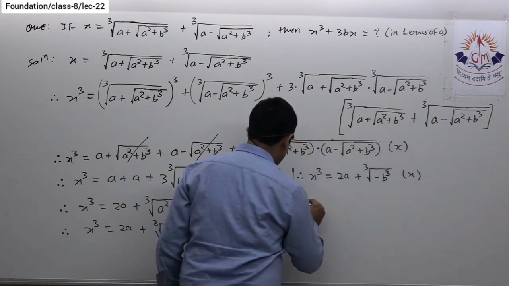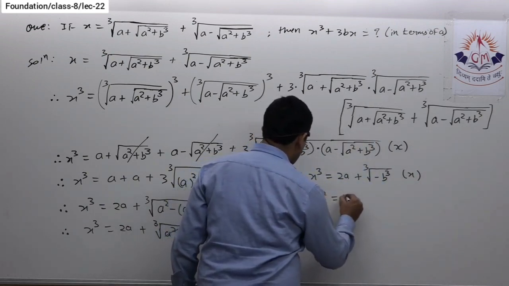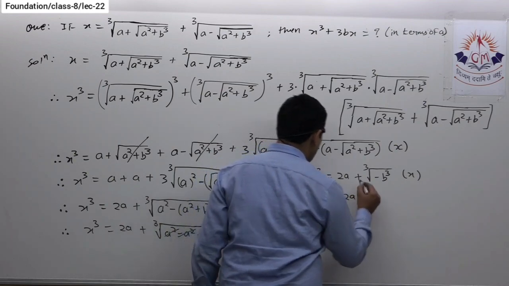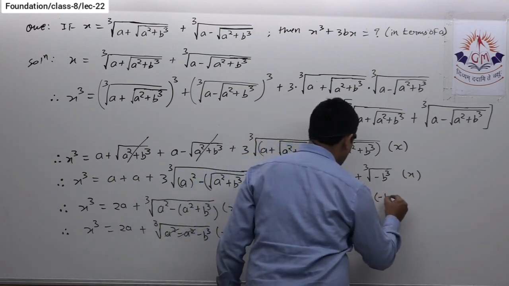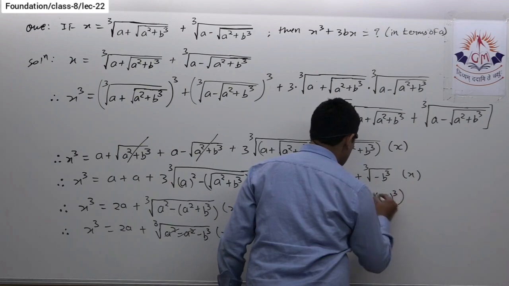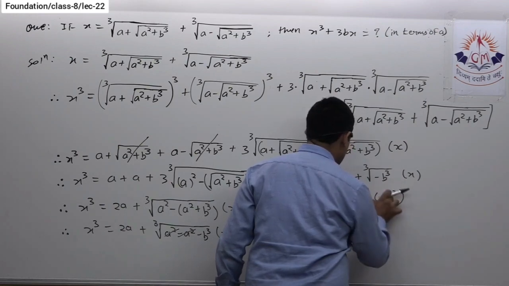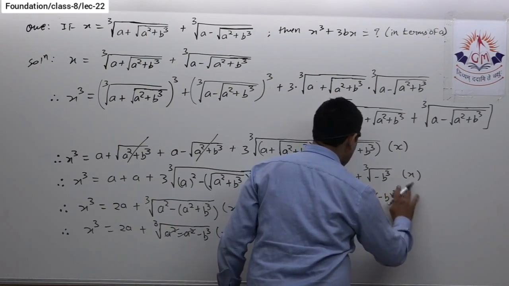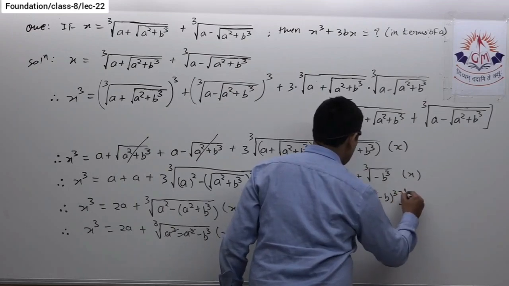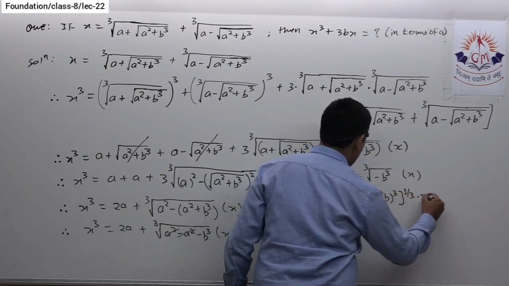Okay, so here further simplification gives me x cube is equal to 2a. Now this can be written as minus b cubed, raised to 1 by 3. Okay, this cube root means raised to 1 by 3, multiplied by x.